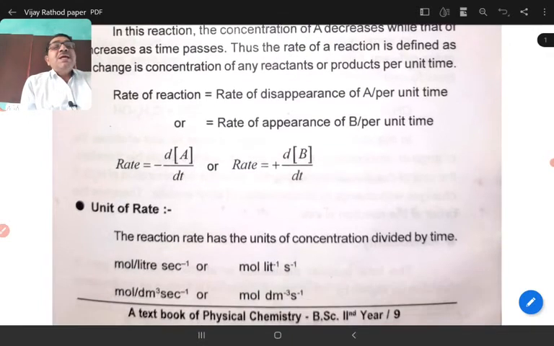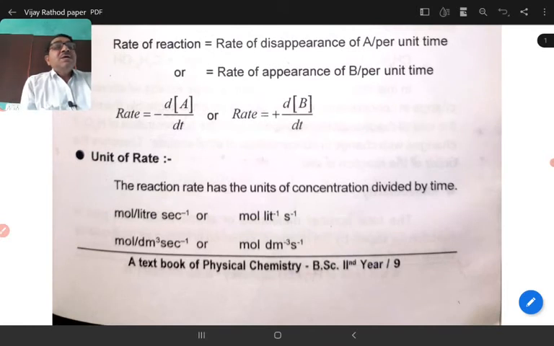Mathematically, rate is equal to minus d[A]/dt, or rate is equal to plus d[B]/dt, with respect to time.